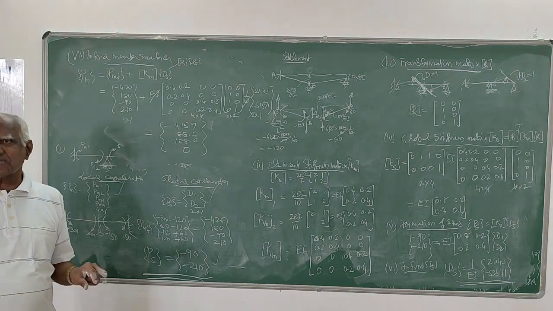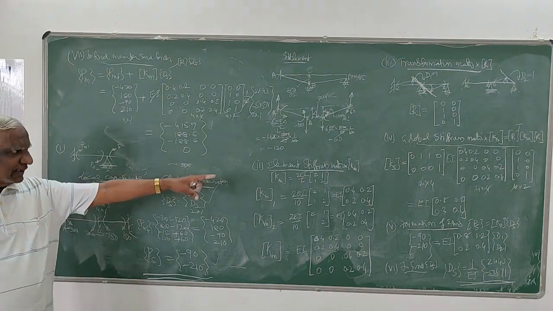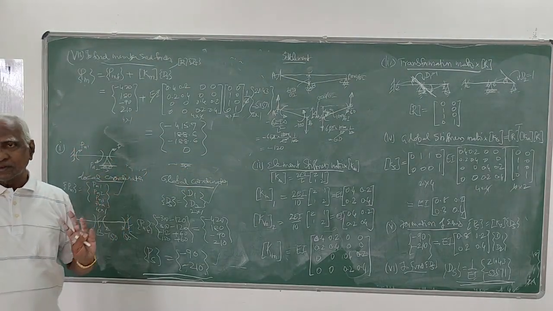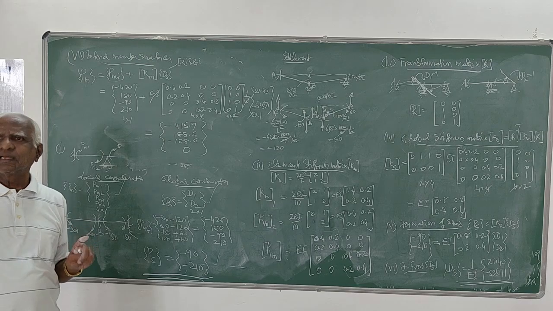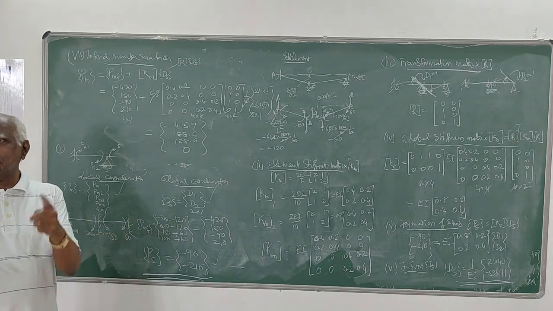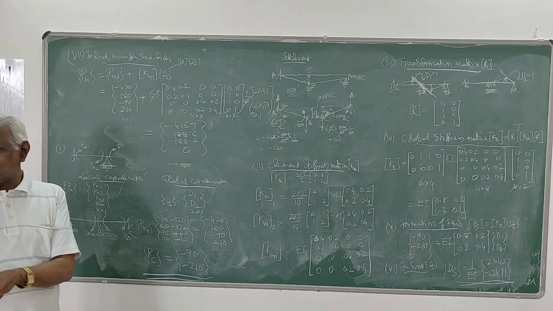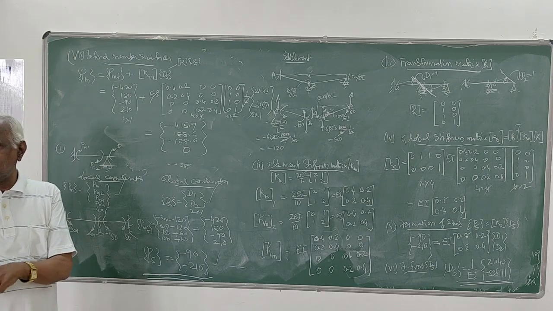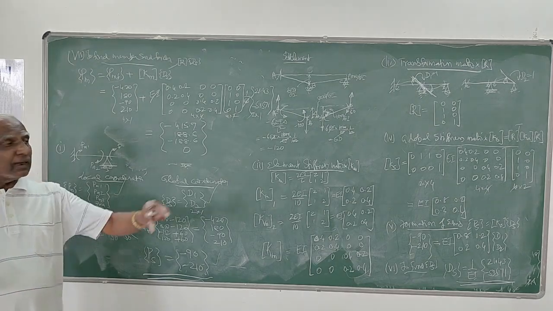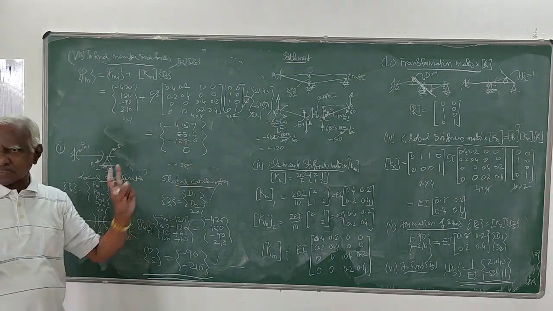So that process is done here in a shortcut procedure. That's all the change. All that procedure I will explain in the finite element method. What is discretization? What is the element for the displacement model? What are the convergence criteria to be satisfied? And of course, degree of freedom selection, all the same.